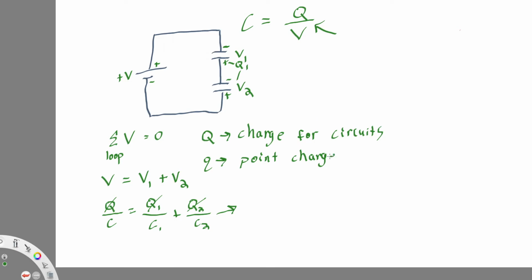Again, this is just a tradition, just explaining why I use those variables. The idea is that the big Q charge in circuits is composed of many little q point charges. But little q or big Q, they both mean charge in this context.